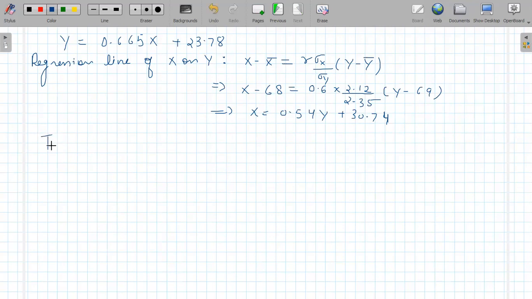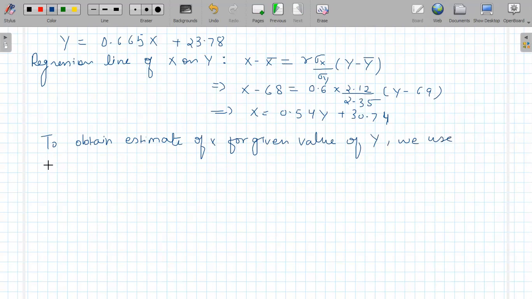सो टू ऑब्टेन estimate of x for given value of y, we use regression equation of x on y.